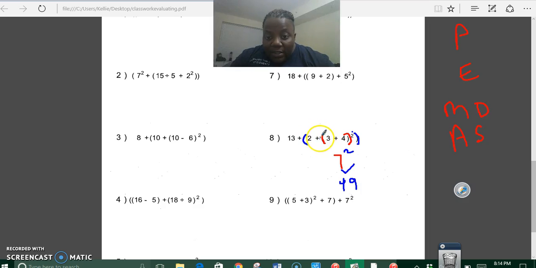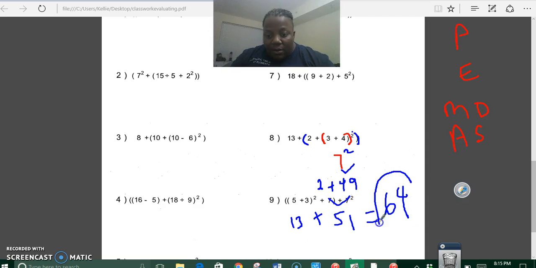Don't forget you have this in that outer set. 49 plus 2, 49, 50, 51. Right? And now all we have to do is put this plus 13. So 13 plus your 51, this answer should be 64. Answer number 8 should be 64.